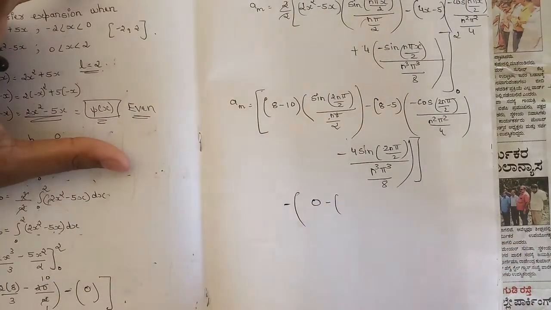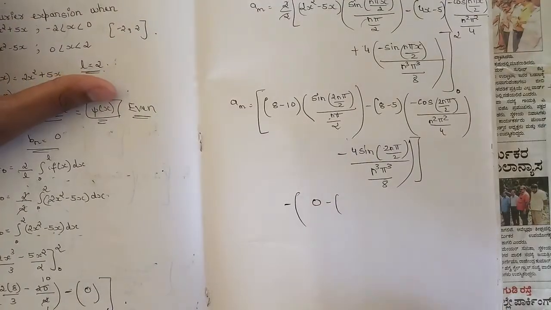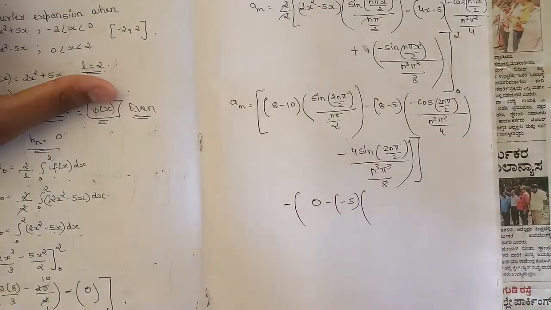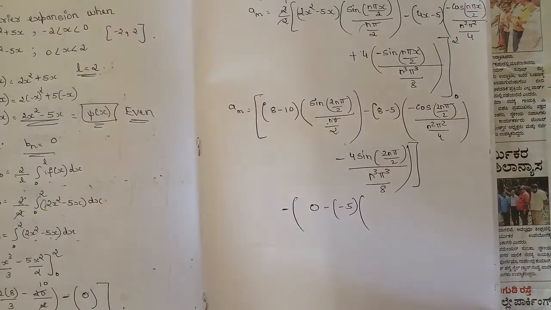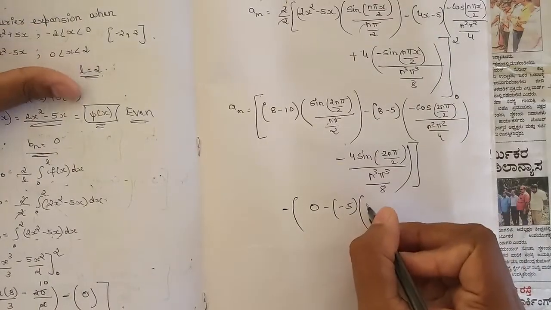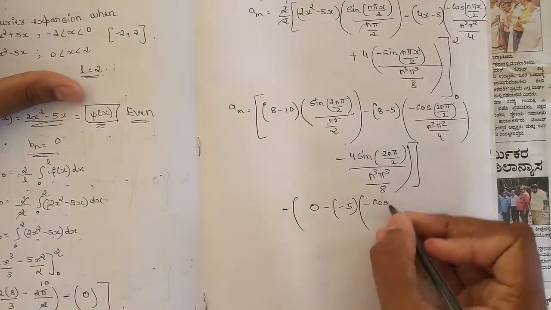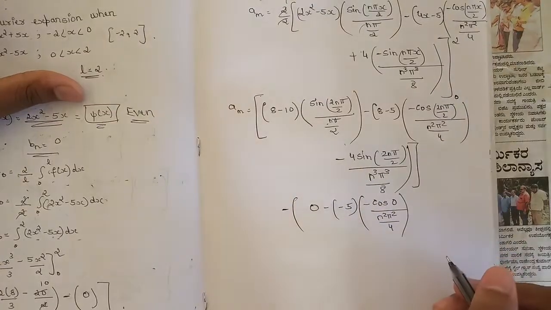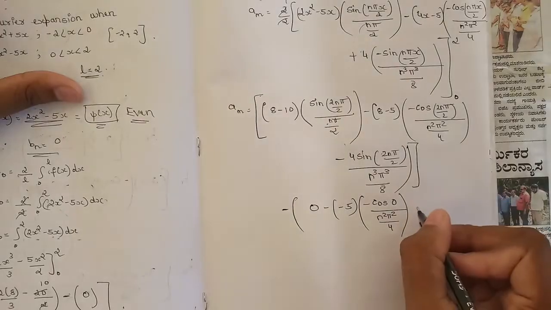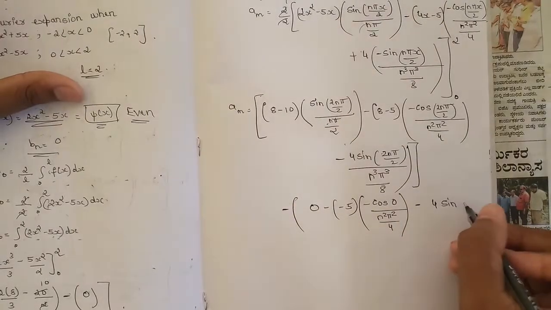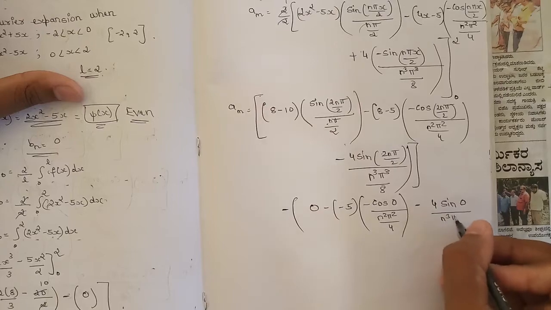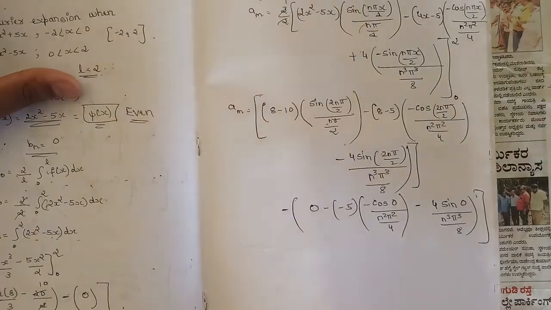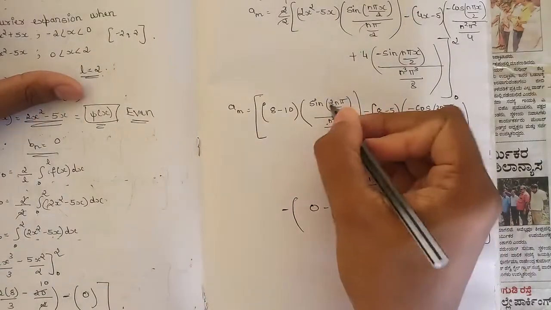Minus 4 into 0 minus 5, that is equal to minus 5, into minus cos 0, minus 4 sine 0 divided by n cube pi cube by 8.